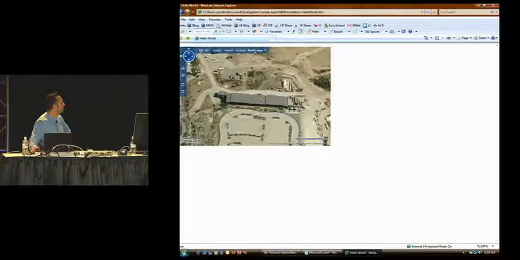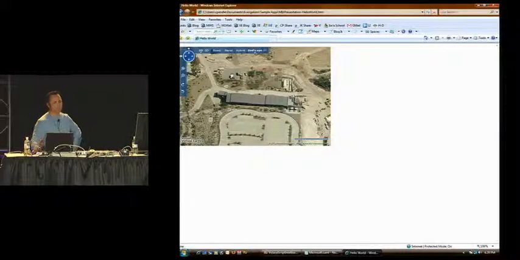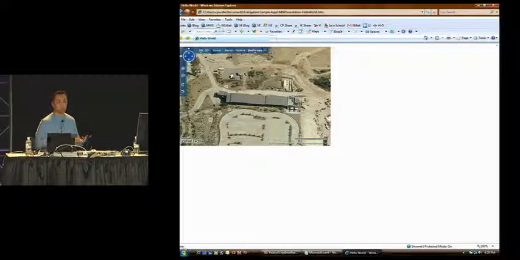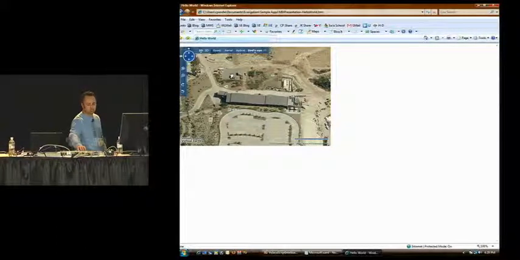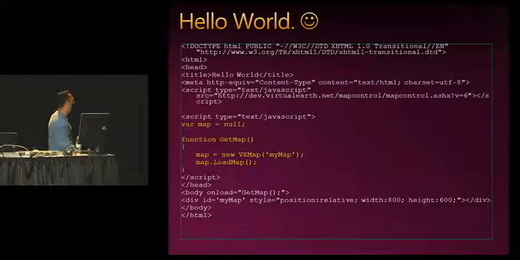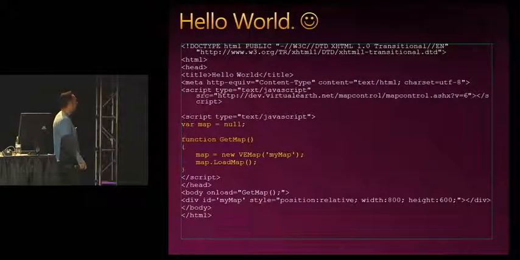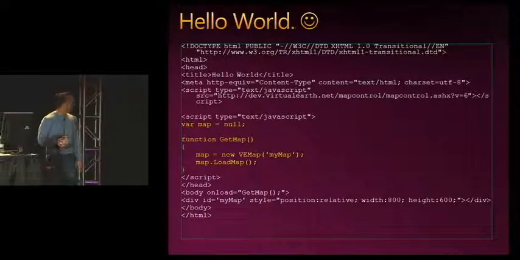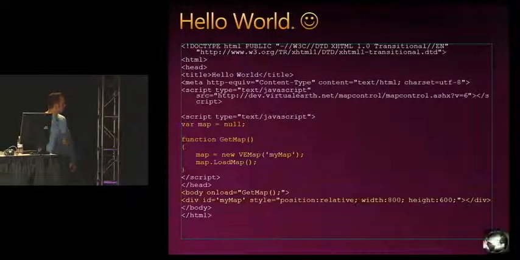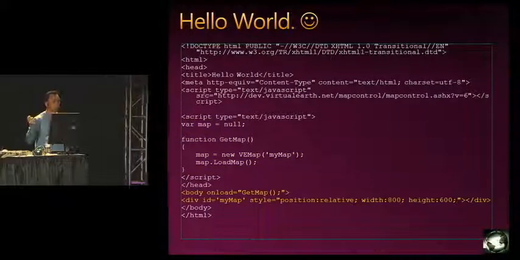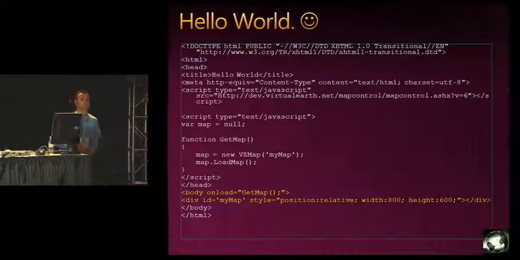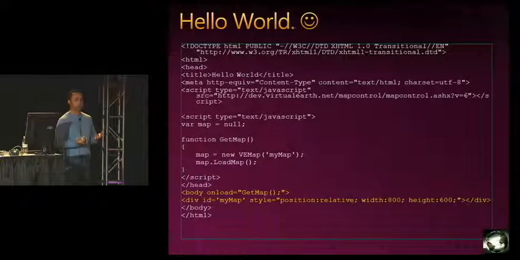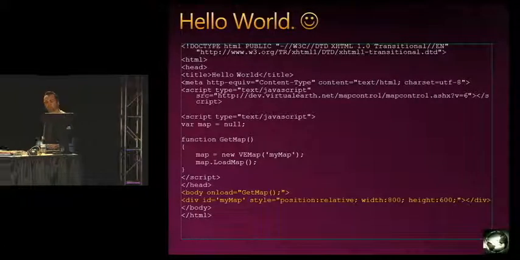Switch to bird's eye. With just that little bit of code, that's what I get. Pretty powerful for just a couple lines of code, right? I mean, this is HTML. This is front-end development, right? And then there's the actual div in which I put my map. Very, very basic stuff, right? Okay.